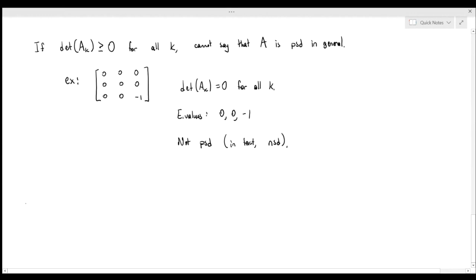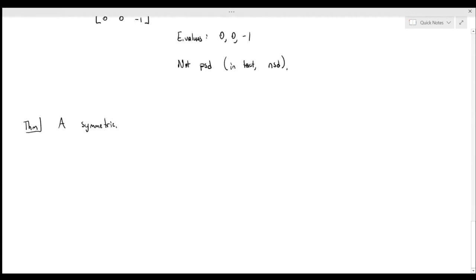Let me just state the related theorem for a negative definite matrix real quick. So A is going to be negative definite if and only if the determinants of all the upper left submatrices, okay, so here it's actually not the case that if all these determinants are negative, then it's going to be negative definite.